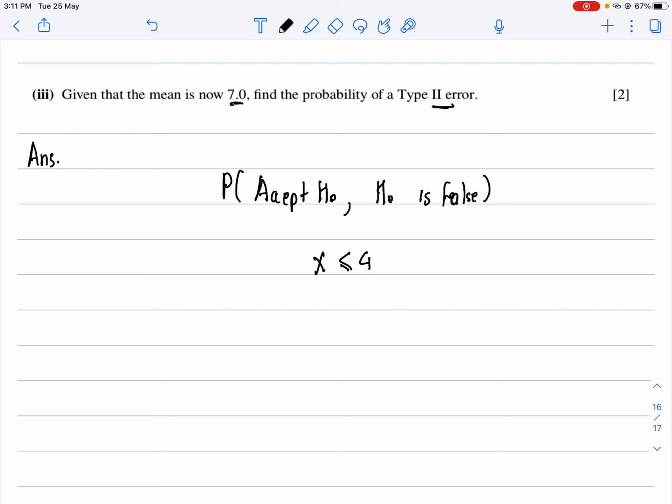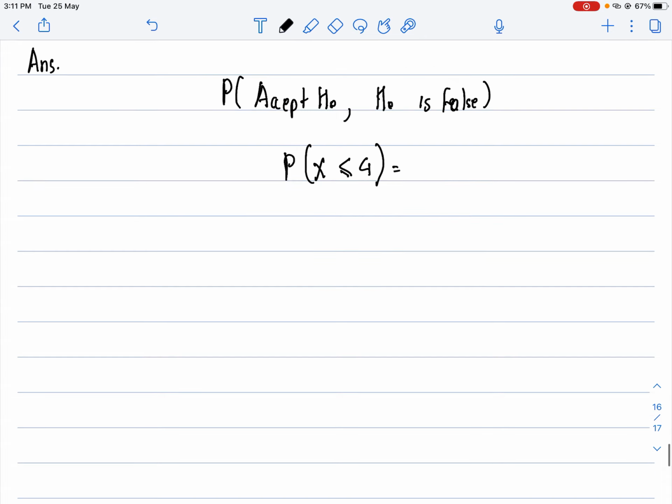So you need to calculate the probability of acceptance using this as your lambda. This means p of x equals 0 plus p of x equals 1 plus p of x equals 2 plus p of x equals 3 plus p of x equals 4.